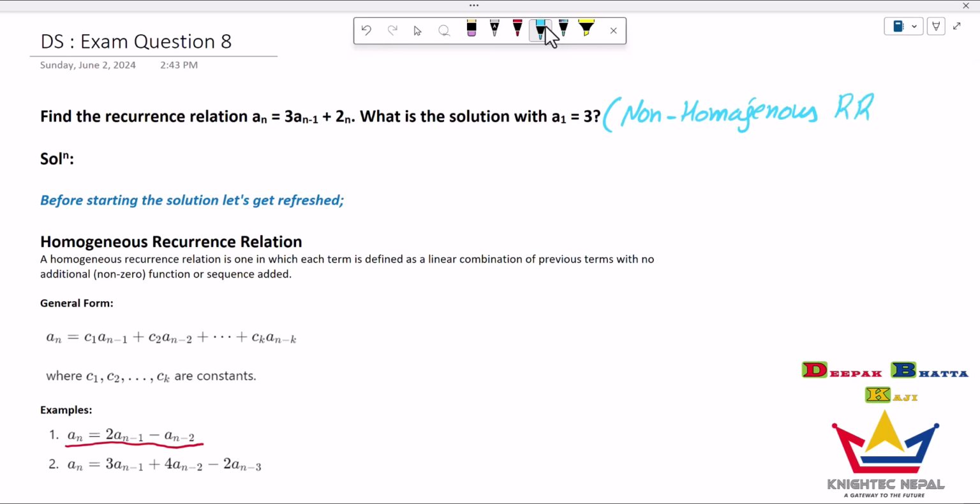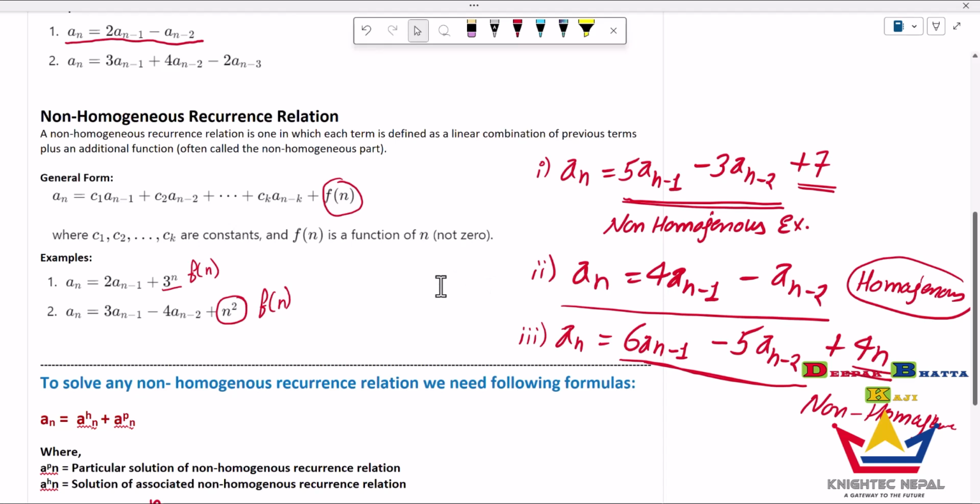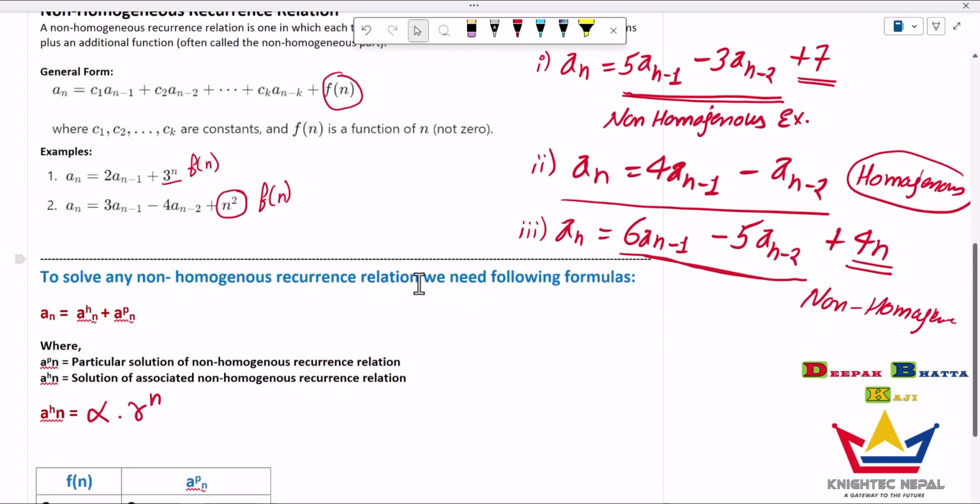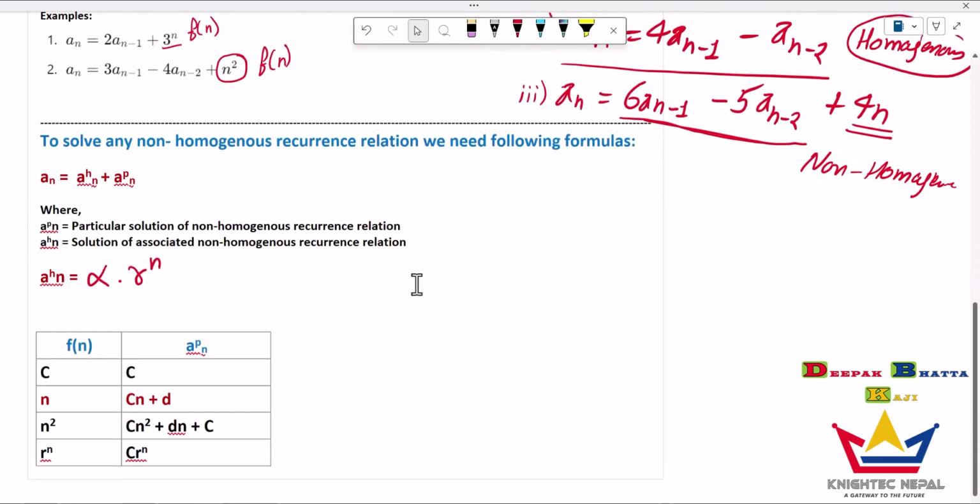recurrence relation, right? Now for solving any non-homogeneous recurrence relation, we need the following formula. Please note it down. I have mentioned all the formulas for solving the non-homogeneous recurrence relation.